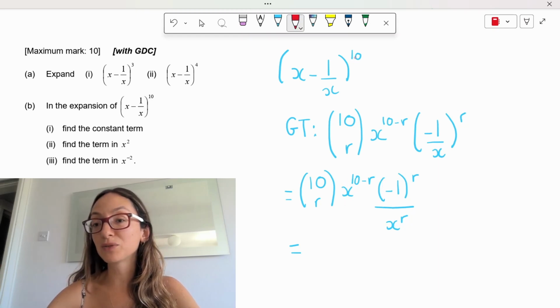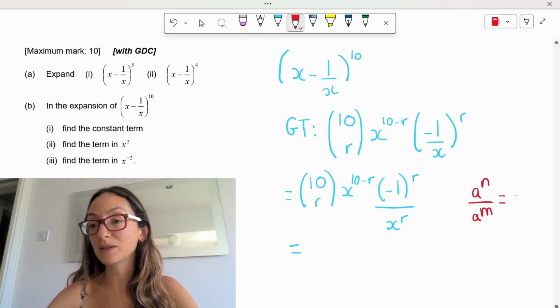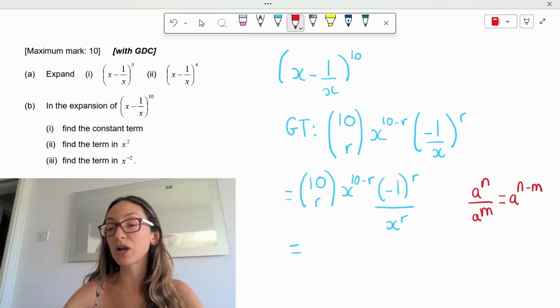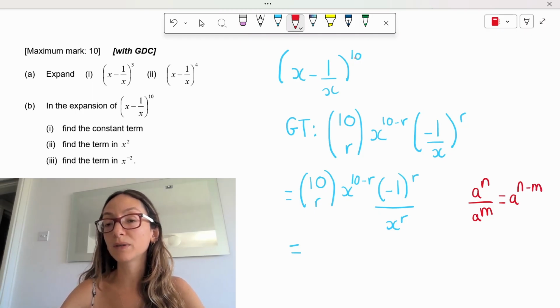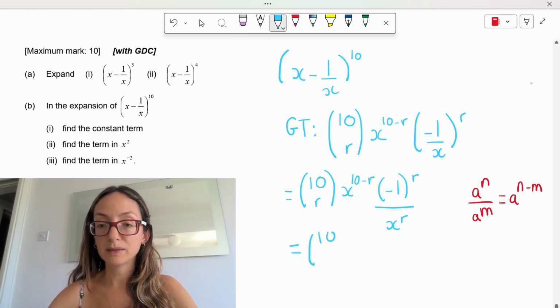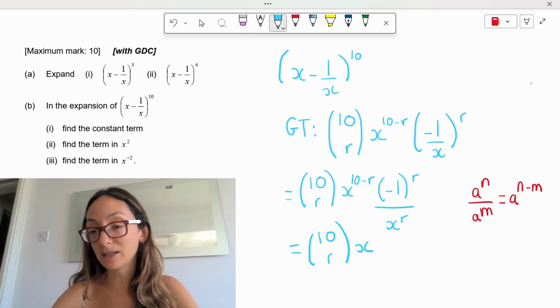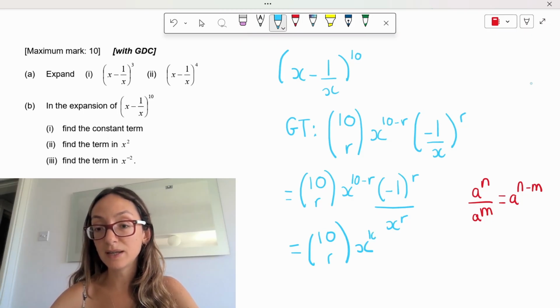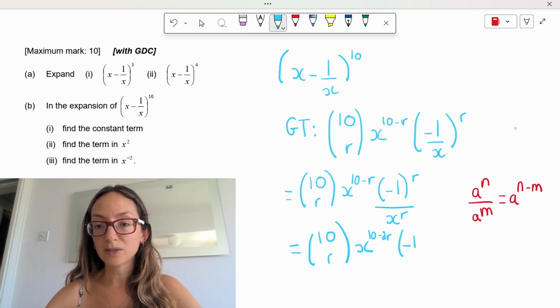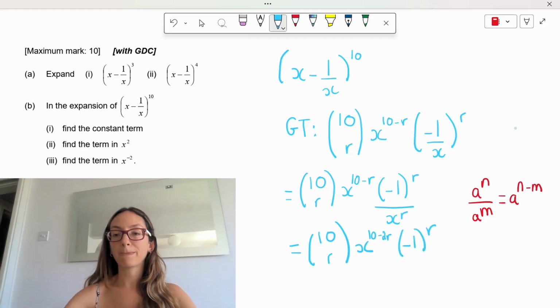So here we're going to use the rule a to the power of n over a to the power of m is equal to a to the power of n minus m. So basically we're going to subtract the power of the bottom from the top. So we get 10r x to the power of 10 minus r minus r. So that's going to give us 10 minus 2r. And then finally, minus 1 to the power of r.